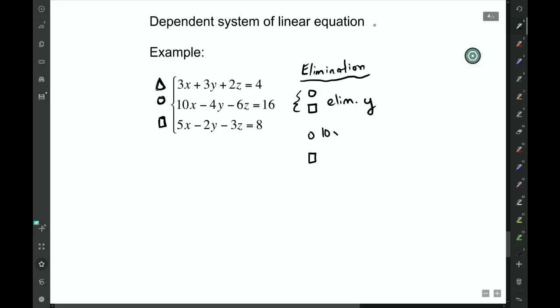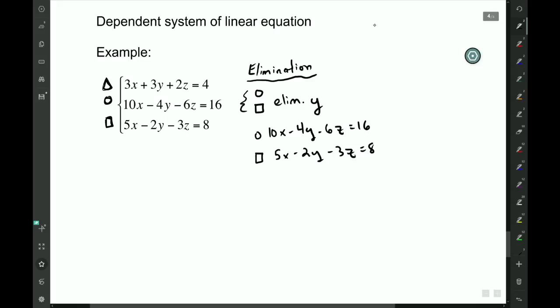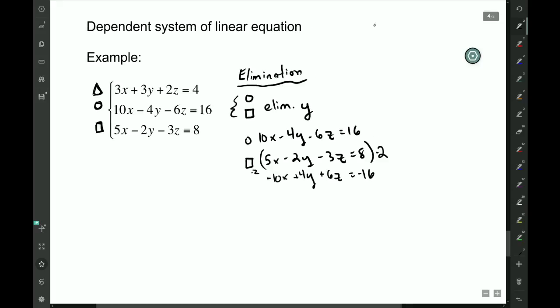So 10x minus 4y minus 6z equals 16, and 5x minus 2y minus 3z equals 8. Let's choose to eliminate y again, so we'll multiply the bottom by a negative 2. Okay, that'll make it negative 10x plus 4y plus 6z equals negative 16. And what do you notice here?